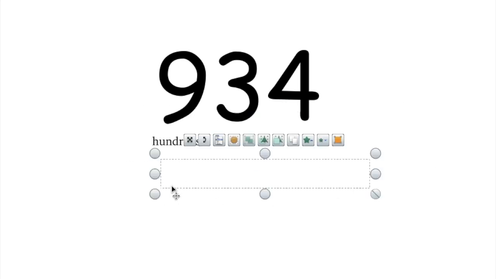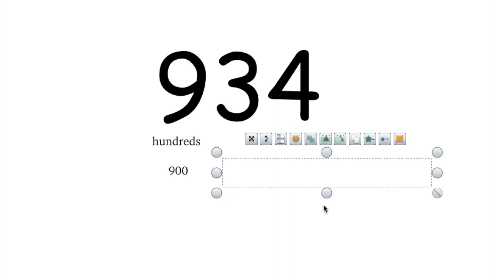Let's take a moment to review place value. This number is 934. We know from previous years of study that each of these digits is a place value. So this 9 does not simply represent 9, it's in the hundreds place, so it represents 900.